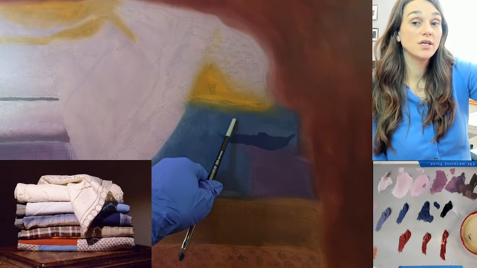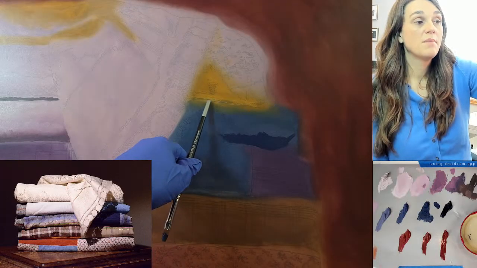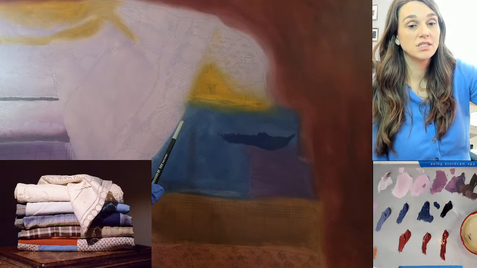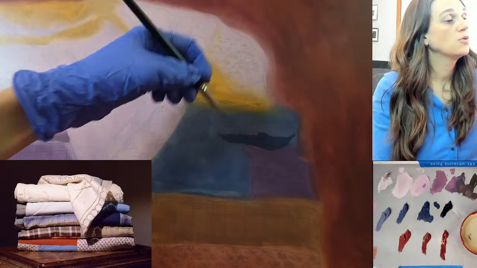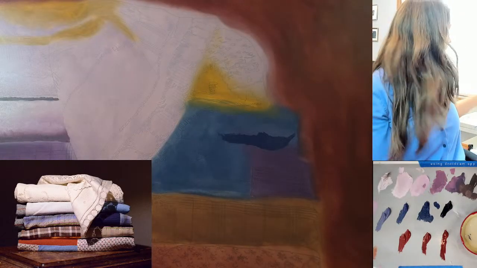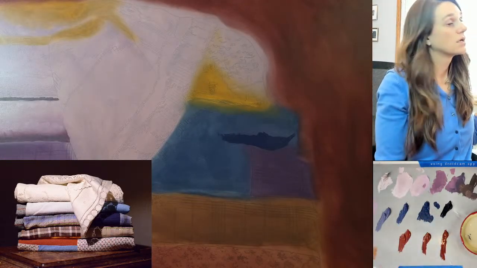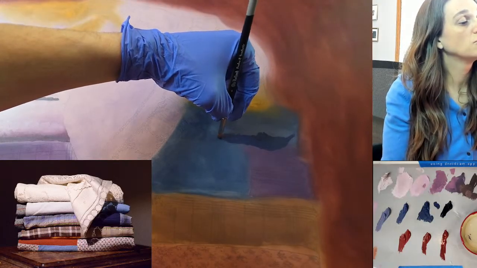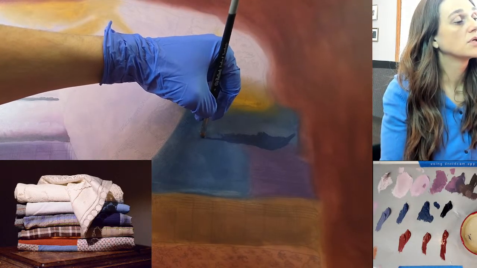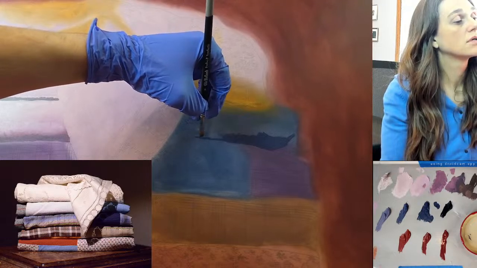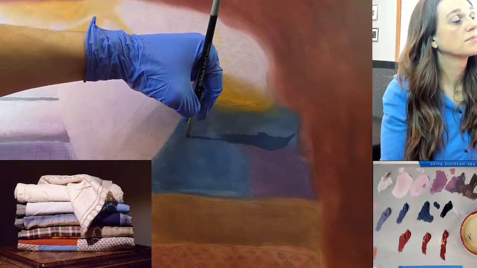I already started some of that with my first pass where I allowed this contamination to spill over. And we're just going to reinforce that. So I know that I can go in and I can establish this edge along here, but as we move further up this shadow, I am going to want to mix in a little bit more of that greenish value.